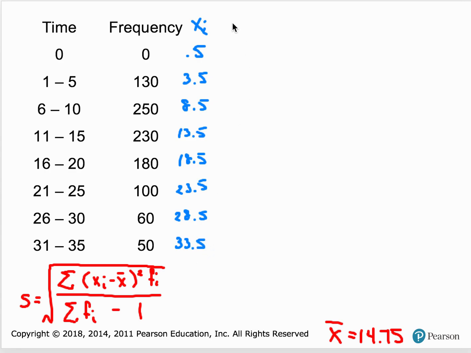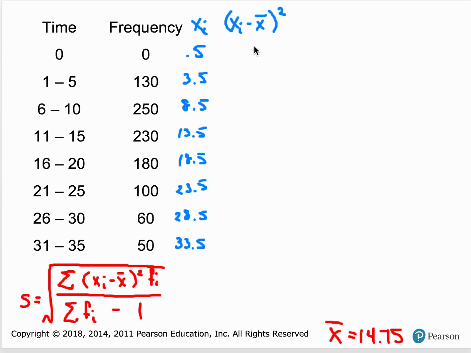Okay, now I need a column that is this value minus my mean. I might go ahead and just square it while I'm doing that. I can have 2 separate columns, or let's just do it all at once. I was going to try to fit it all across, but I'm going to be squished, so let's just do it all at once.